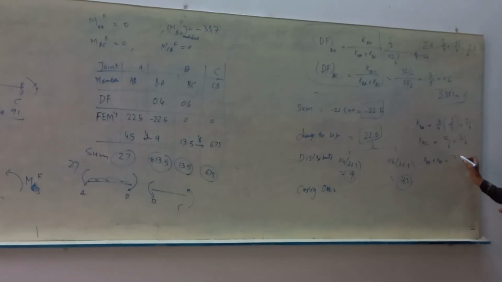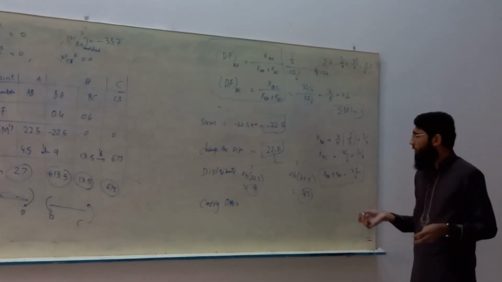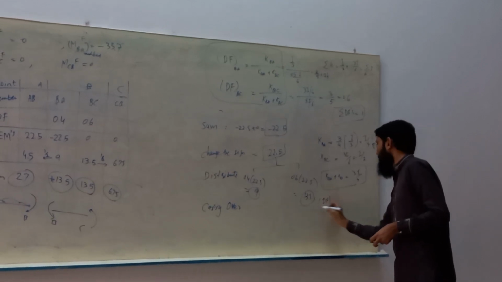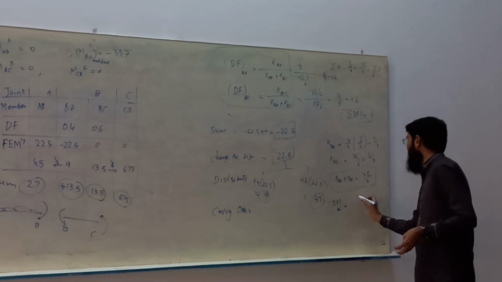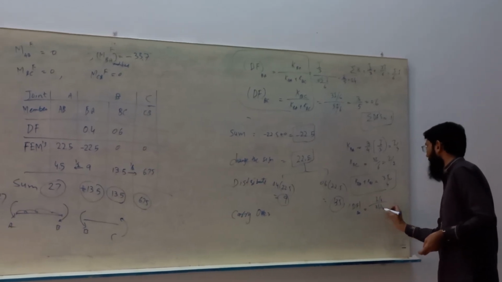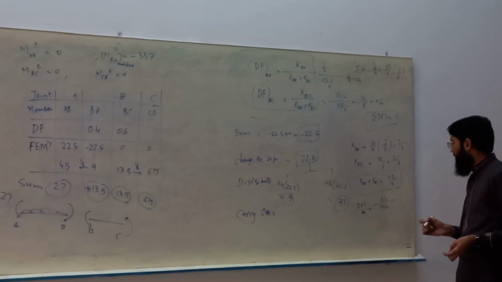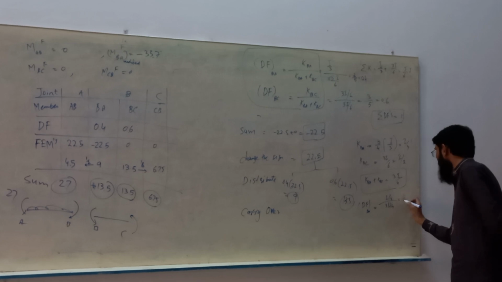3I by 4, ठीक है, ये सम कैलकुलेट हो गया। अब बाकी DF, BA would be K_BA is I by 4 divided by 3I by 4. What is the answer? 1/3. Okay.